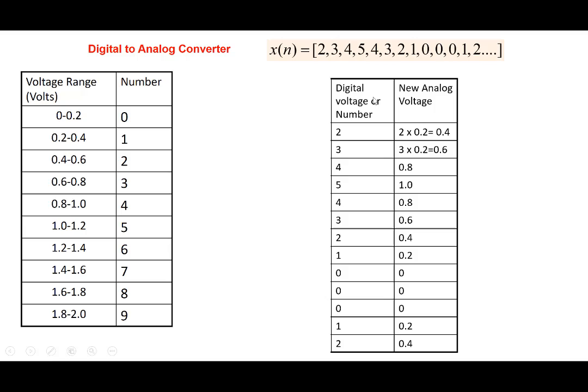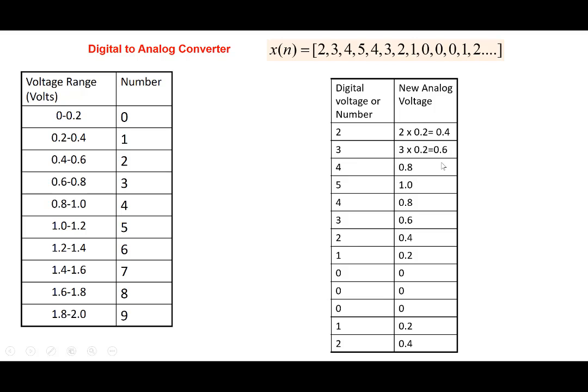And so when we get a number like this 2, remember our scale was a 2-volt scale, and we divided it into 10 parts here, and each interval was about 0.2 volt, because when you take 2 volt and divide it by 10, you get 0.2 volt here. So if you want to convert it back into an analog voltage, when you get a 2 multiplied by 0.2, you get 0.4.